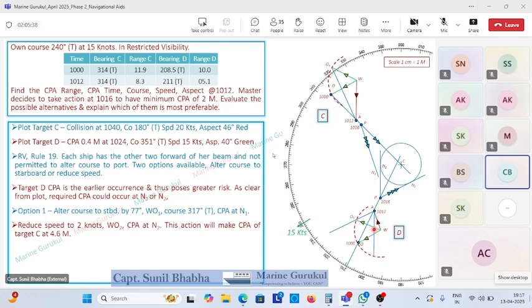Now this new relative line of approach from point alpha intersects our WO vector at this particular point, and let us name this point as O2.